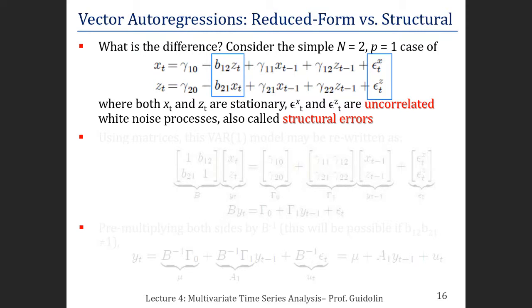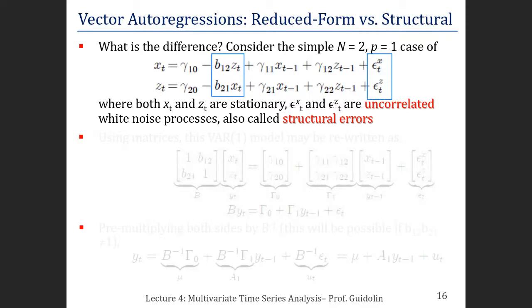The shocks, because they are shocks to a structural VAR, carry a different name. They're not called U's as before, they're called epsilons: epsilon_x and epsilon_z. Otherwise there is a problem of confusing the contemporaneous dependence between x and z that comes from b12 and b21, and the contemporaneous dependence which comes from any covariance between epsilon_tx and epsilon_tz.